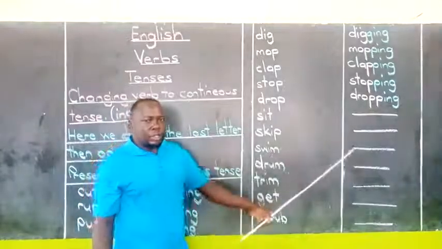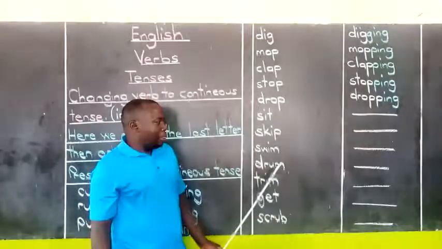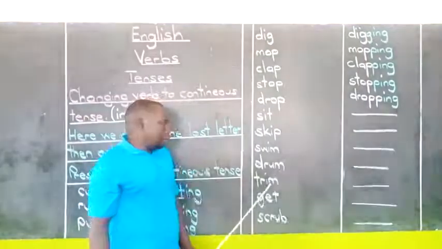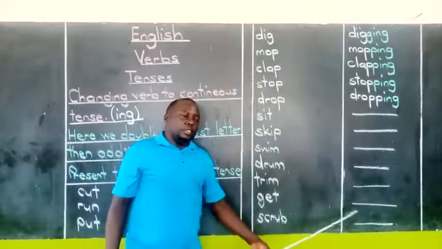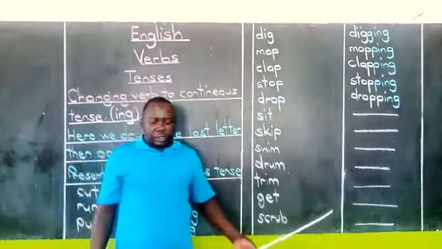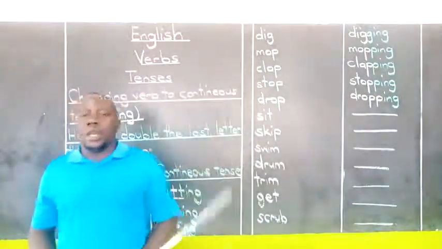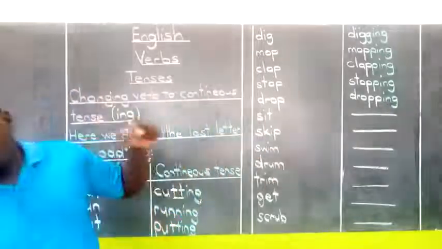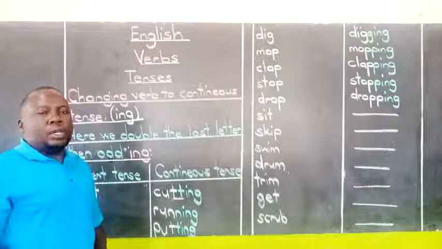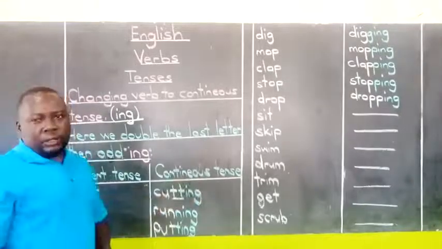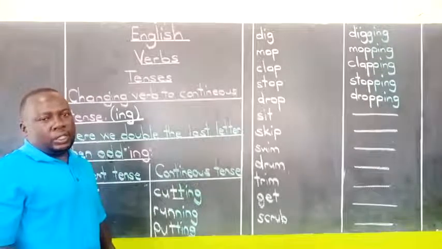Swim, swimming. Drum, drumming. Trim, trimming. Get, getting. Scrub, scrubbing. I've said you can give more verbs that belong to this group, and you change them to continuous tense.